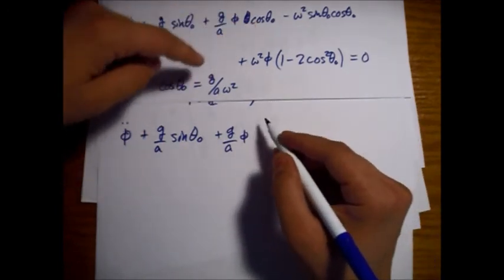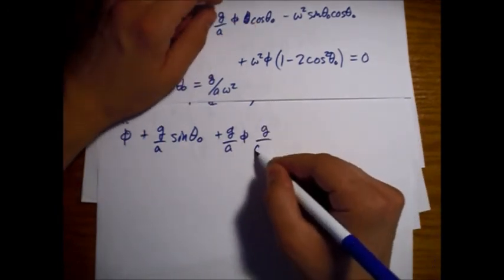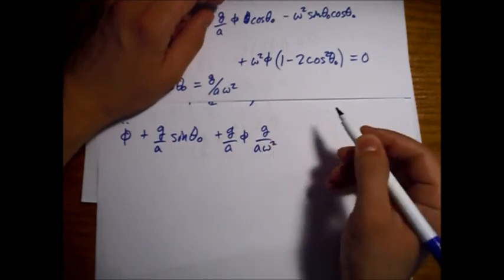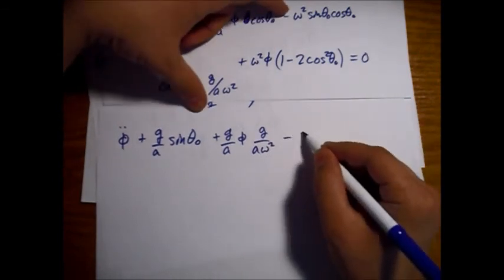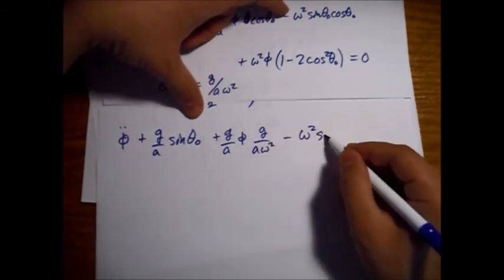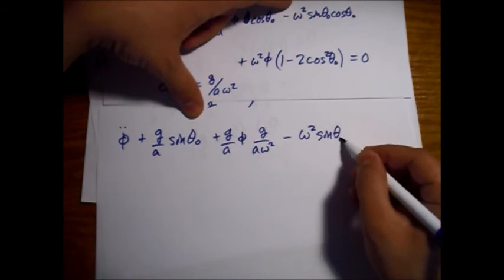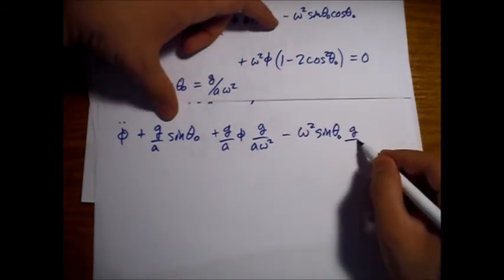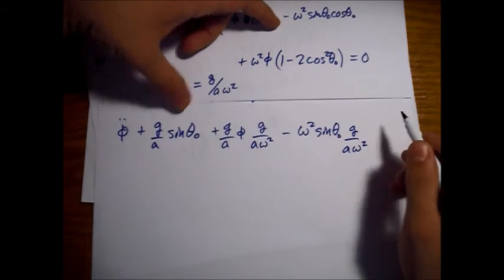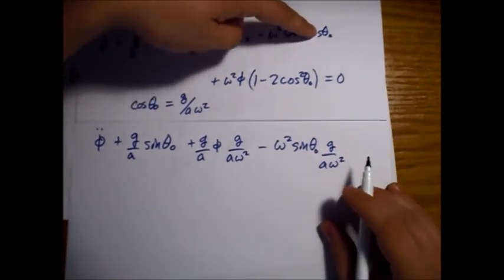So now we're plugging this in, so we have a g over a omega squared. Okay, so a minus omega squared sine theta squared, and now we'll plug in our g over a omega squared. Put this one right here.